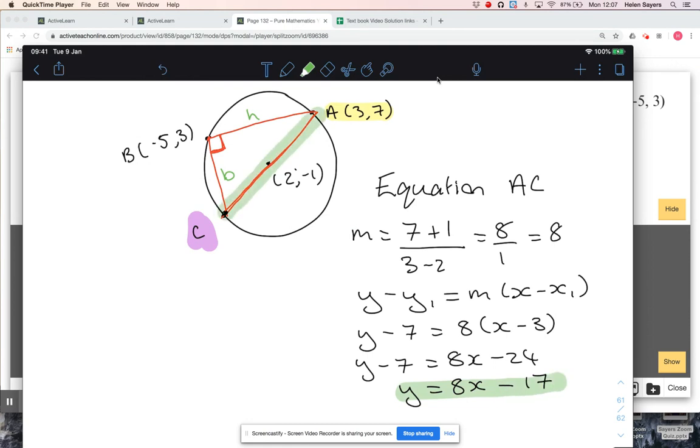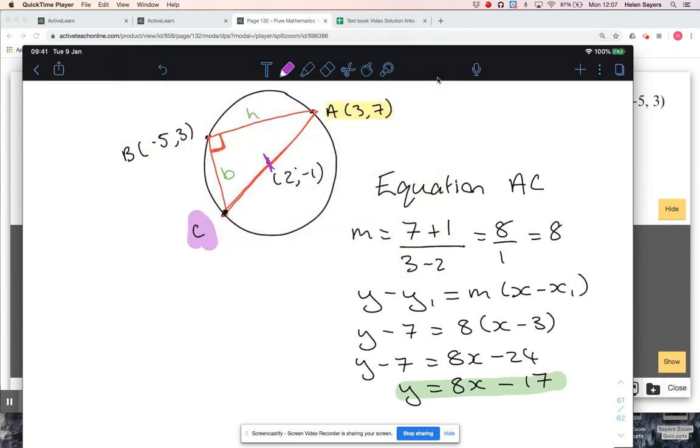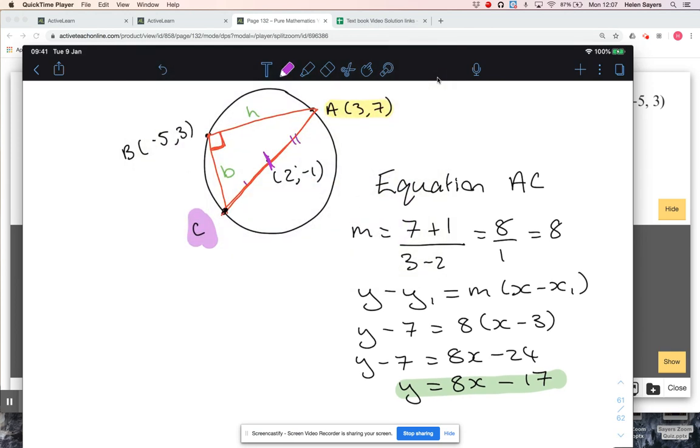Okay, so I know C lies on that line, but there's lots of points that lie on that line, so I need further information. Well, the other thing I know is that the center is the midpoint, so I know that they are the same distance. They are both the radius of the circle. So let's get the radius of the circle.